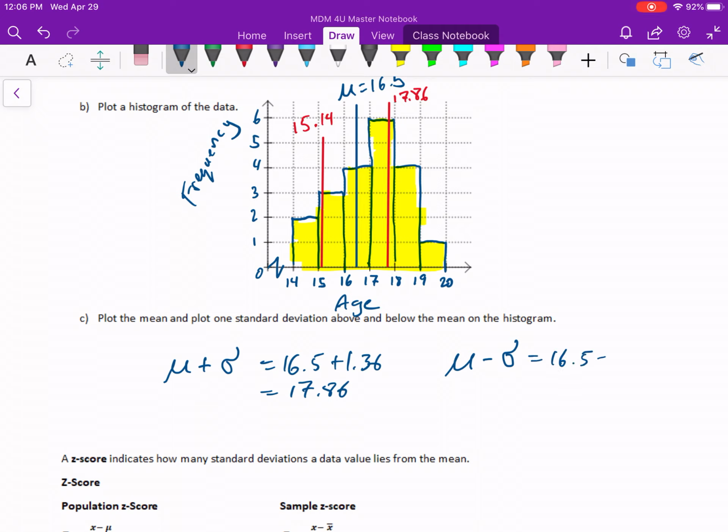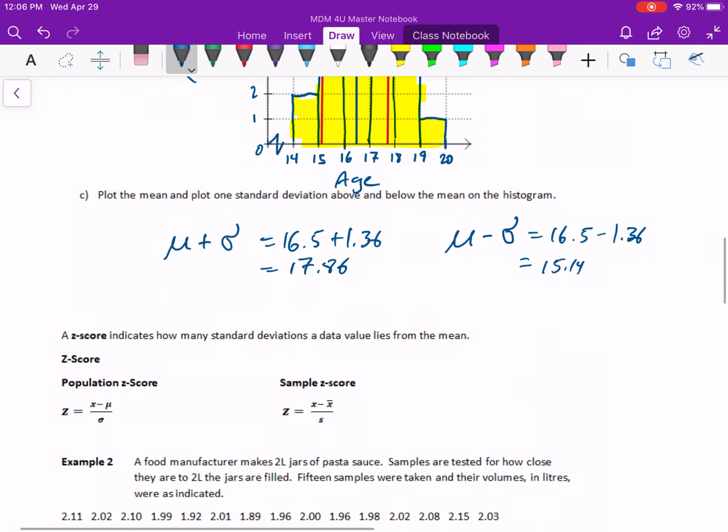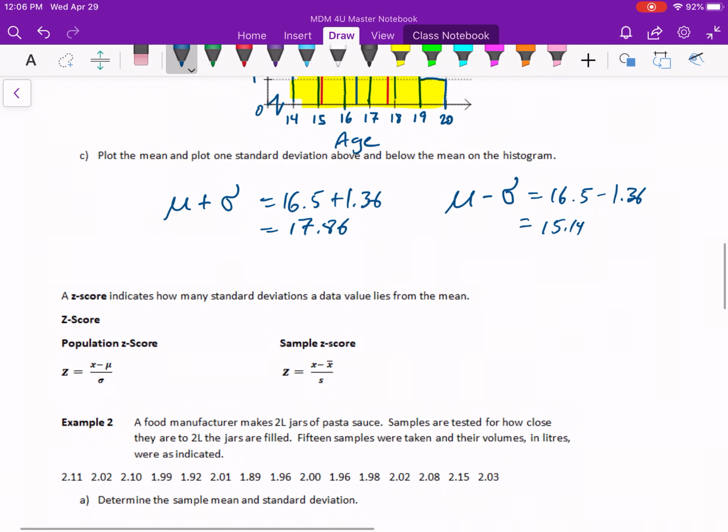So same thing, just subtract here. That's where I got 15.14. All right, so that's what standard deviation is. Again, it's tied into variance. Variance is also a measure of spread. We just don't use it as much. So think of variance as a stepping stone to getting our standard deviation, the one we actually want.